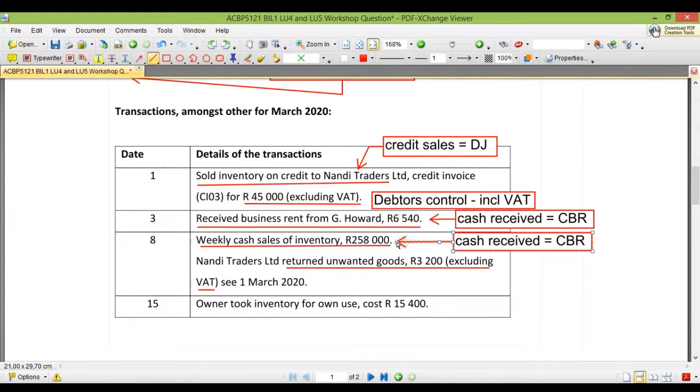The Nandi that's returning unwanted goods, under which journal entry will you capture that information? Okay, that is absolutely correct, Lino. So we would capture that under the debtors allowance journal because it relates to the credit sales we previously recorded in the debtors journal.